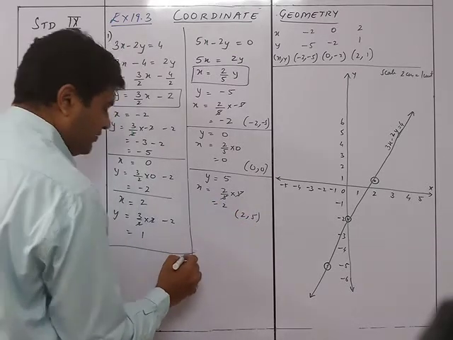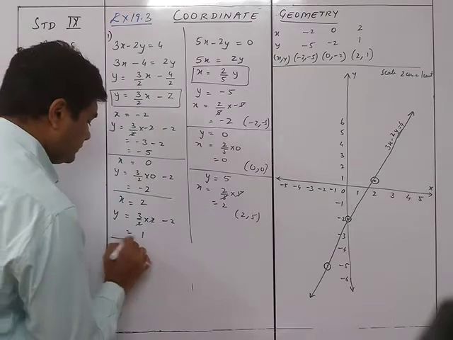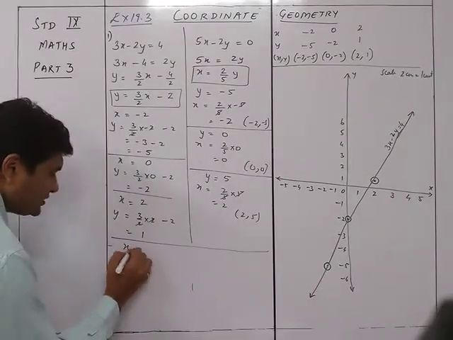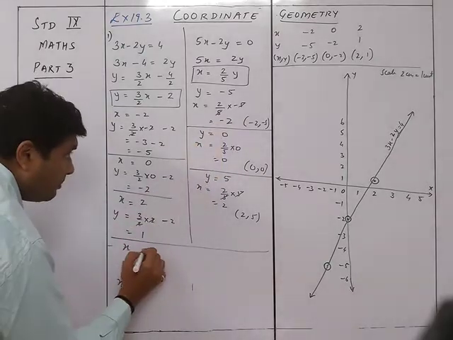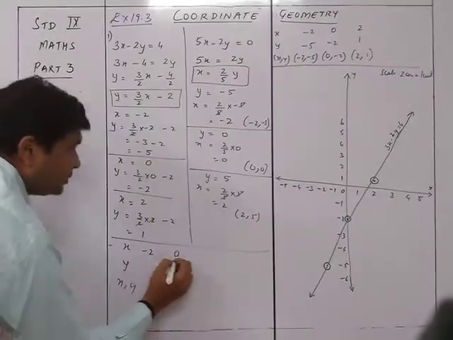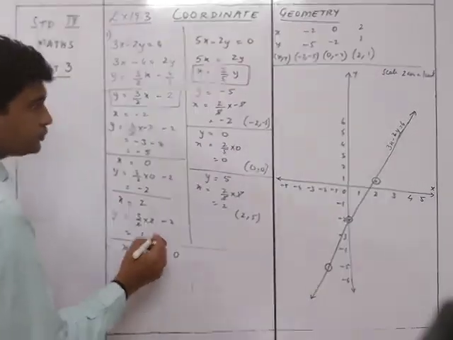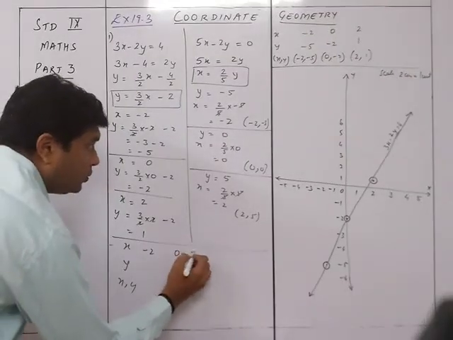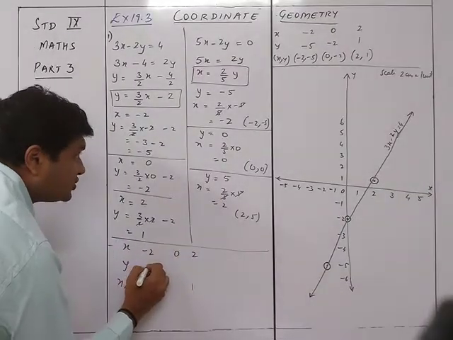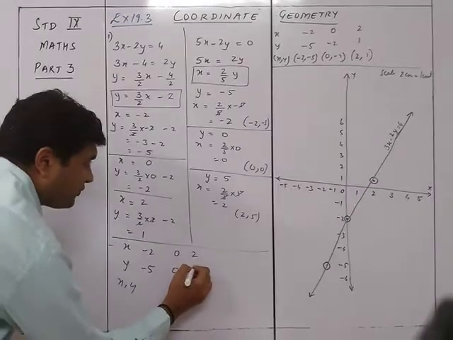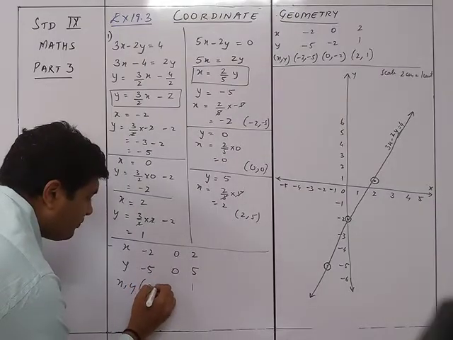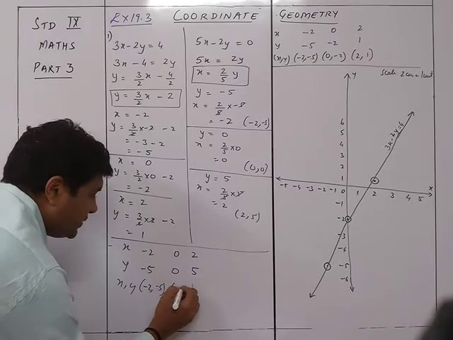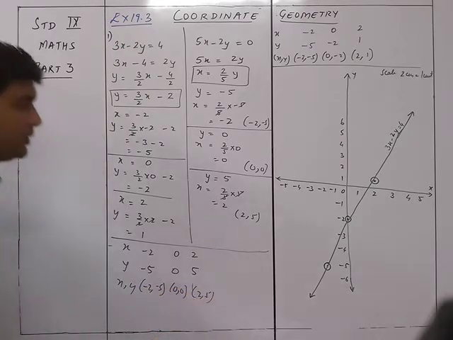So accordingly we have the table over here. So x, y and x comma y. The table is minus 2, 0 and 2, and over here is minus 5, 0 and 5. So it will be minus 2 comma minus 5, 0 comma 0 and 2 comma 5.